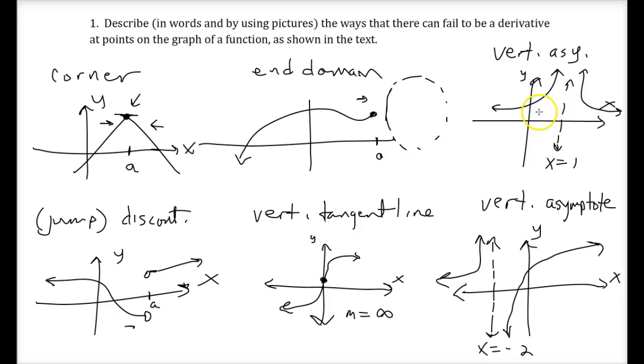So that means the behavior of the function itself coming from the left and the right is such that it's going to infinity. But again, when we have the limit of the difference quotient equaling infinity or negative infinity, that's still not a real number. So we can't have a derivative there by definition. And so that is the reason why for questions like this, where we're asked to describe either in words or pictures, the ways in which a derivative can't happen, these are all those cases.